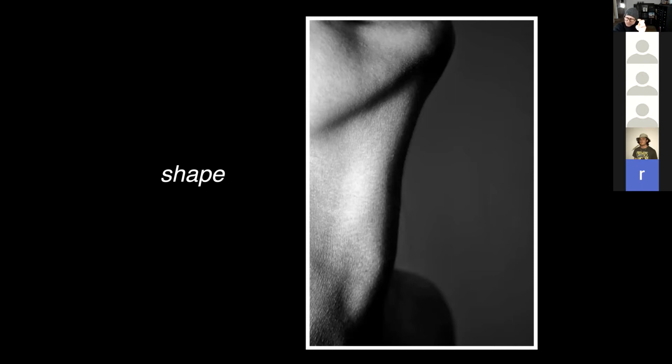If this exposure was a little bit different, meaning if the picture was taken with slightly different settings on the camera and the skin texture was dissolved a little bit more, so we weren't quite aware of as much skin texture, this would start to become almost a purely formal, geometric, shape-based abstract image.